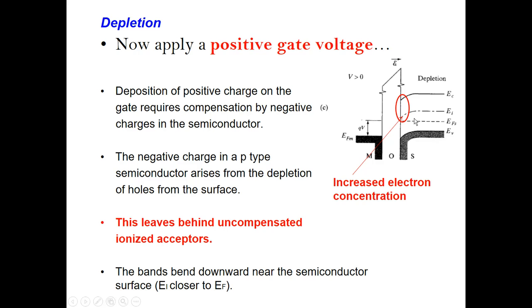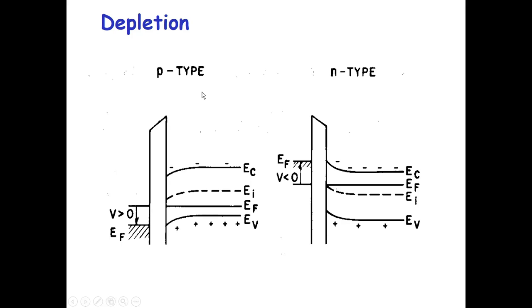EI also bends downward, that means EI is now moving closer to EFS. So that is the condition for depletion. So for depletion mode, for a p-type substrate the gate voltage should be greater than 0, and for an n-type substrate in this depletion mode of operation it should be less than 0, and it should also be less than the threshold voltage.